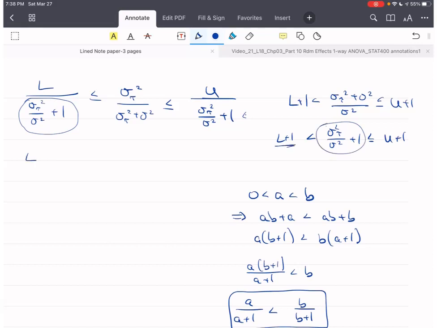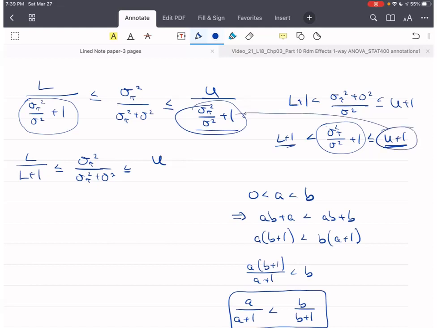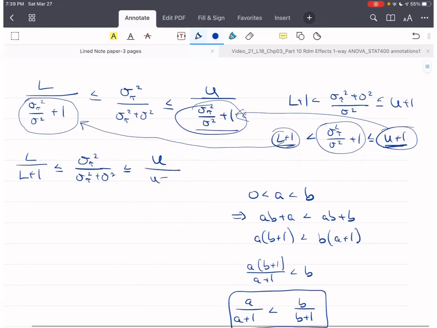So I have L over L plus 1. And then I have U, and I can replace that with what's greater than that, so I can replace this term here with U plus 1, and I have U over U plus 1.